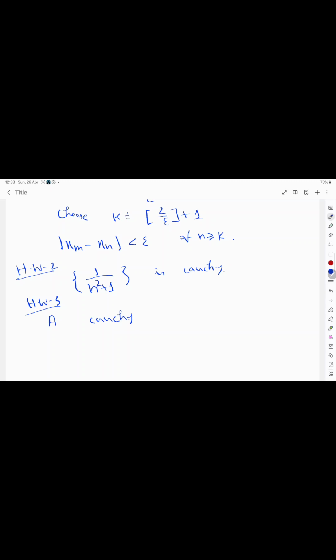You just have a look in the Schaum's book: a Cauchy sequence of real numbers is convergent. A similar type of proof, you must have a look, and this is very, very important.